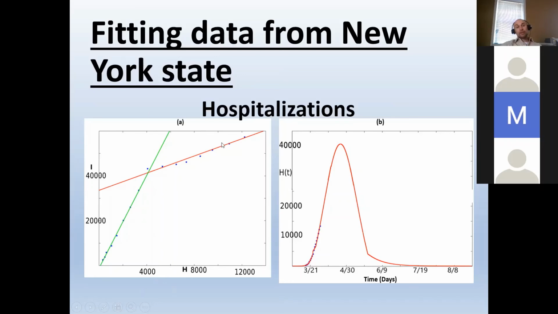And as you can see, for the data here, you can split your approximation in two. So we approximated the data with two linear regressions between H and I, and this works well for these numbers in New York during March.